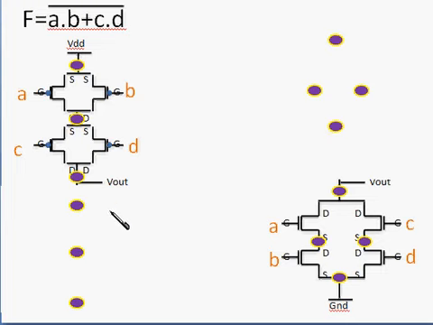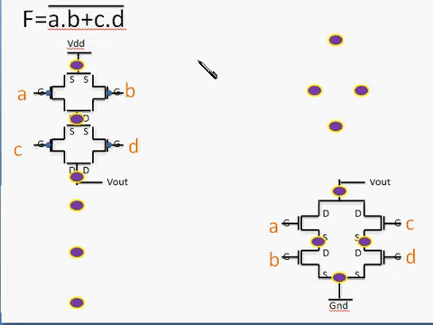Then between these two nodes, what we have is two MOSFETs connected in parallel combination. At the left side we have this A MOSFET, at the right hand side we have this B MOSFET.